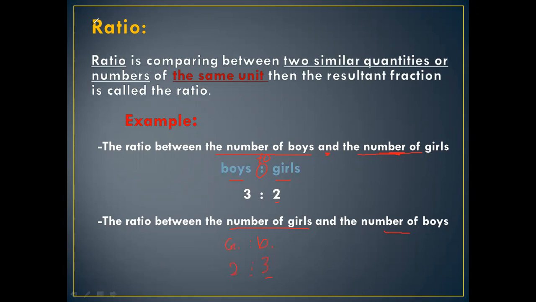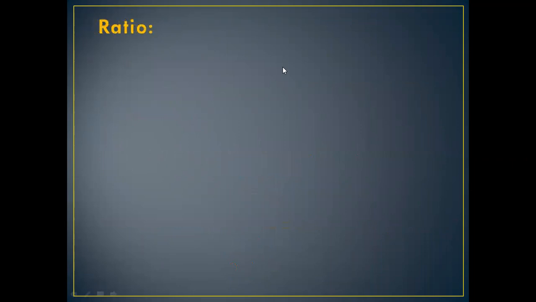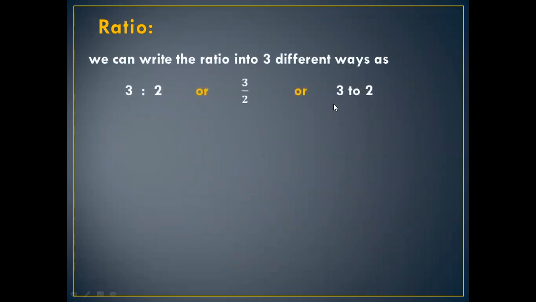Okay, let's take the second one. We will talk about how we can write the ratio in 3 different ways. We have 3 different ways. The first way we saw before: 3 colon 2.